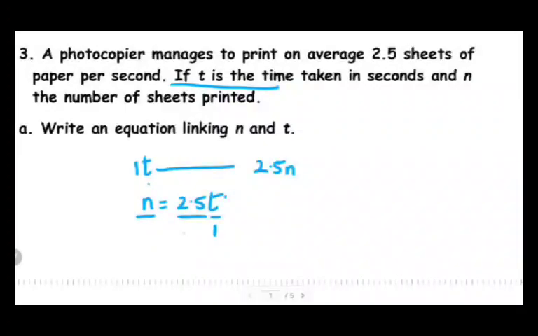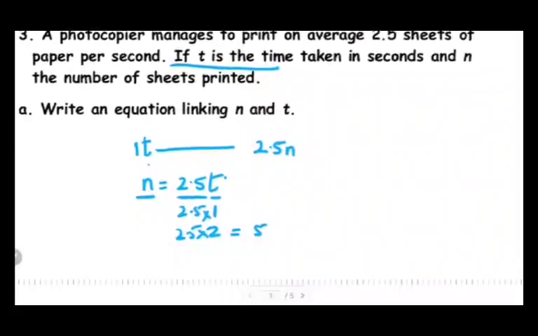In 1 second I'll get 2.5. In 2 seconds I will multiply 2.5 by 2, which is equal to 5 sheets. Similarly 3. As the number of seconds increases, we get that many more sheets from the photocopier. Alright, so that's the equation.